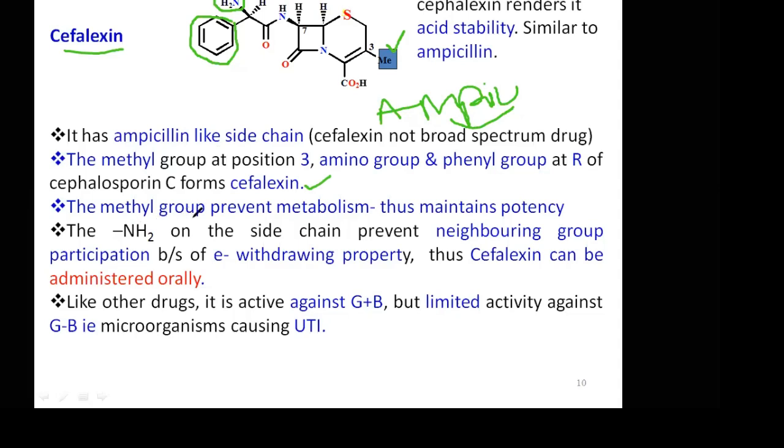Now the methyl group present in this A ring prevents metabolism, thus maintaining potency. Now this amine group on the side chain prevents neighboring group participation and thus makes it an orally administered drug.